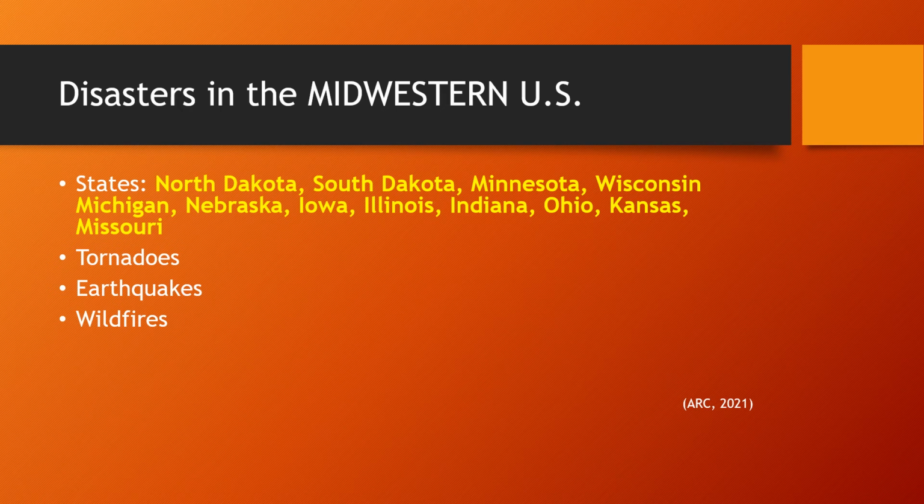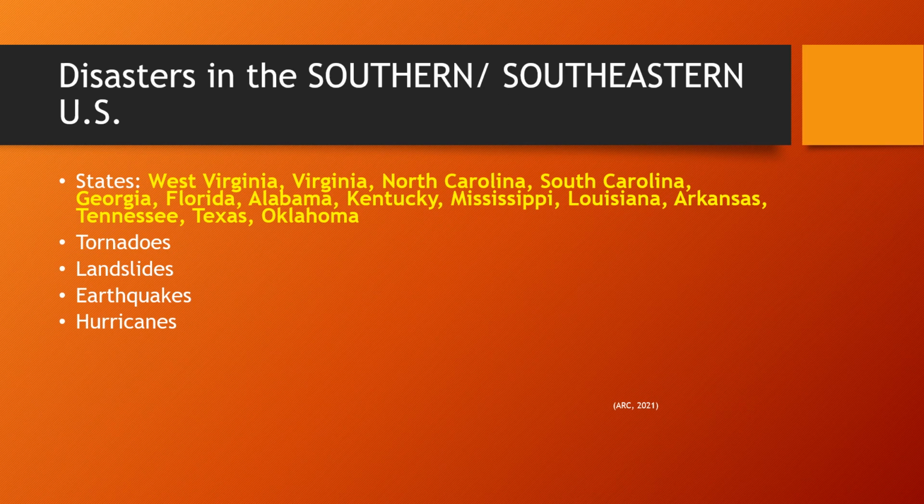The Midwestern United States include North Dakota, South Dakota, Minnesota, Wisconsin, Michigan, Nebraska, Iowa, Illinois, Indiana, Ohio, Kansas, and Missouri. These states are most prone to tornadoes, earthquakes, and wildfires.